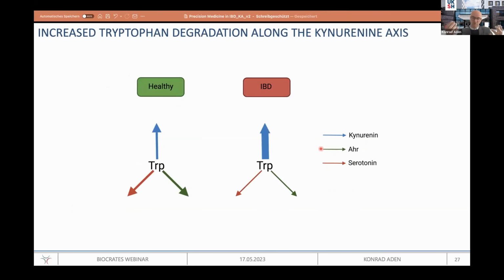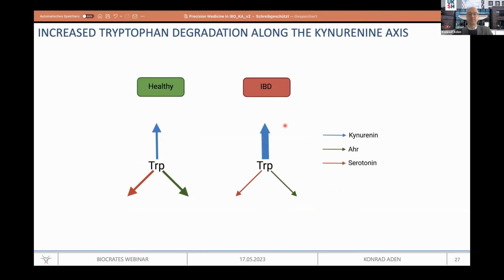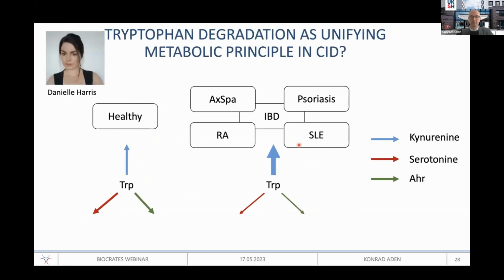So if you want to conclude, one can say that we have this increased tryptophan degradation along the kynurenine axis, meaning that IBD is basically an immunometabolic disease where we have a false degradation of an essential amino acid along the false pathway.